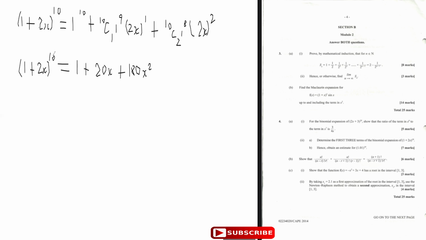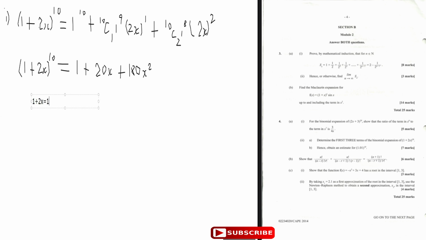All right, now since that's 1 plus 2x to the 10, that's part 1. Next part says, hence obtain an estimate for 1.01 to the 10th power. So to do the estimate, we need 1 plus 2x to be equal to 1.01.